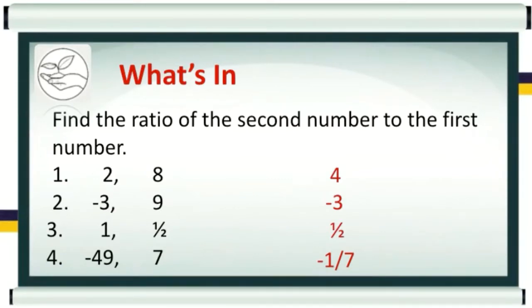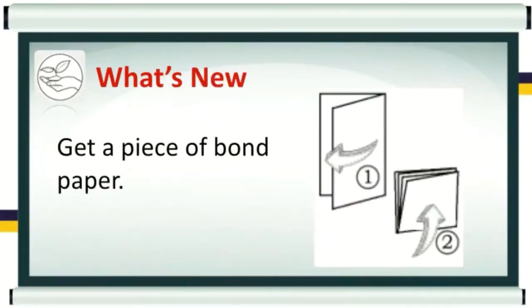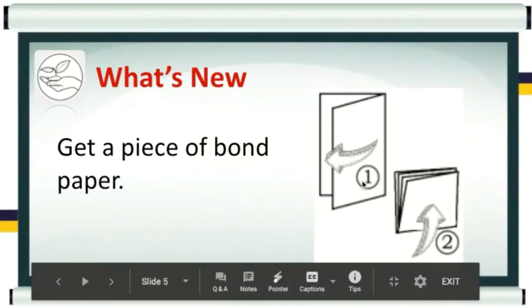Now, I want you to get a piece of bond paper if you have it in your place. Do you have a bond paper? Let's do the activity that is given in your module. Do you have your bond papers now?